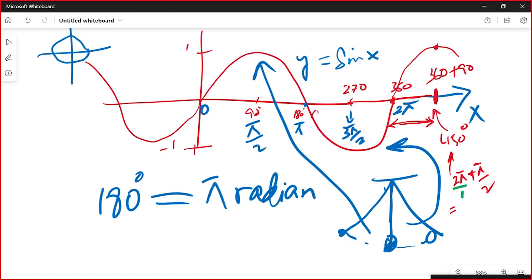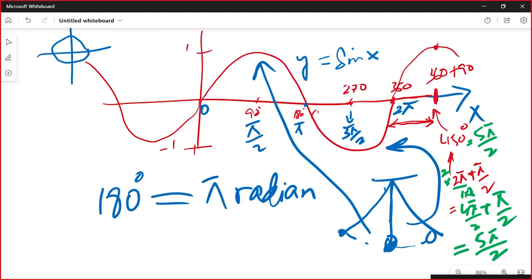You have to make both fractions' denominators equal, so you multiply here by 2 and here also by 2. So it becomes 4 pi over 2 and pi over 2. Now they have the same denominator, so it becomes 5 pi over 2. Does it make sense to you? So this is actually 5 pi over 2, or 450 as you said.